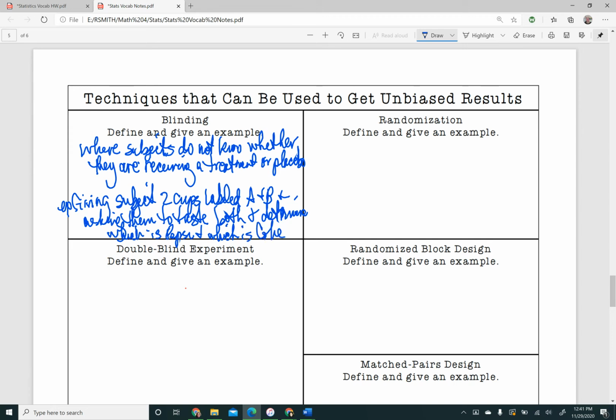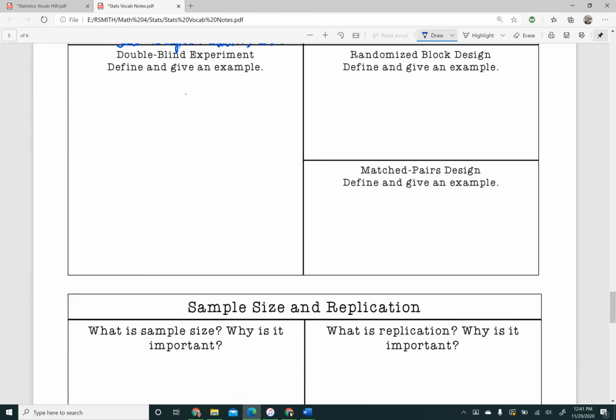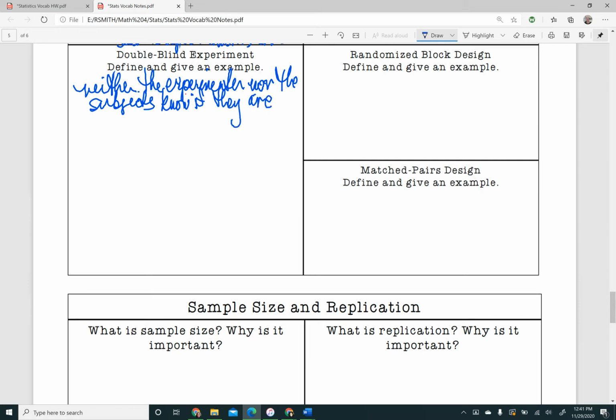A double blind experiment is when neither the experimenter nor the subjects know if they are receiving a treatment or placebo.